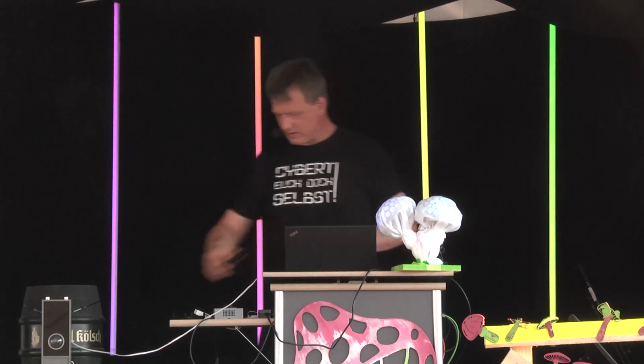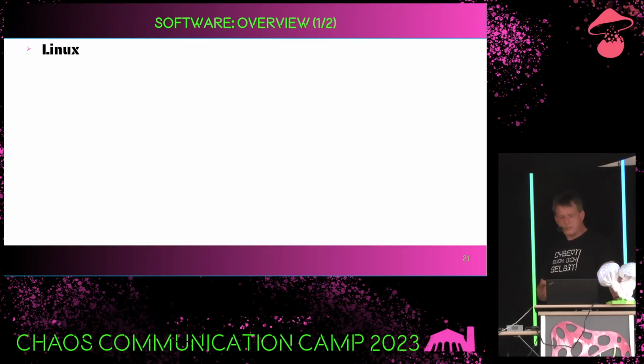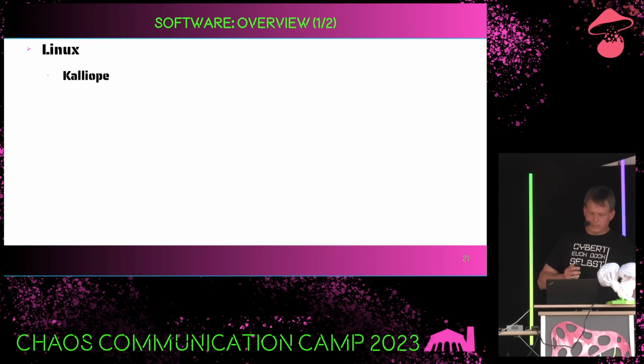So let's get to the software side, and I need to hurry up a little bit. On the Linux side, we have the speech processing software. I use Calliope, and why that's the case we'll get to later on. That's essentially for all the voice interaction.